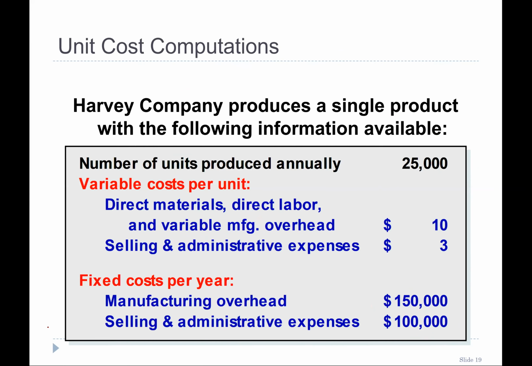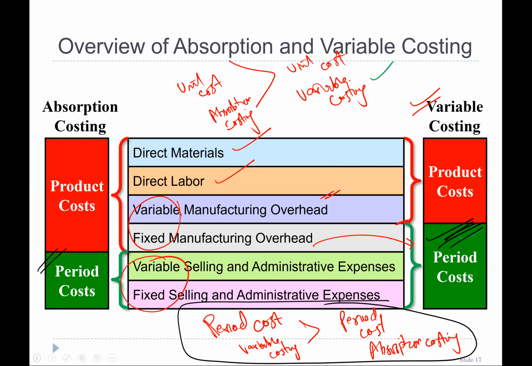So, under absorption costing, like we just discussed here, the absorption costing product costs include direct material, direct labor, and manufacturing overhead, both fixed and variable.